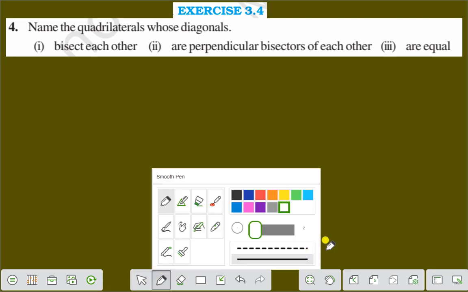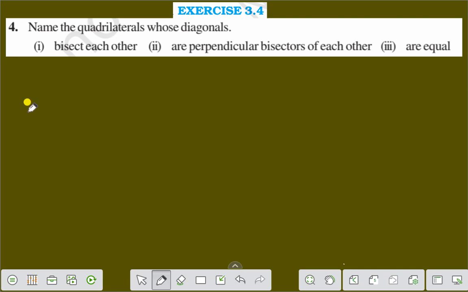Question number 4 is, name the quadrilaterals whose diagonals bisect each other.